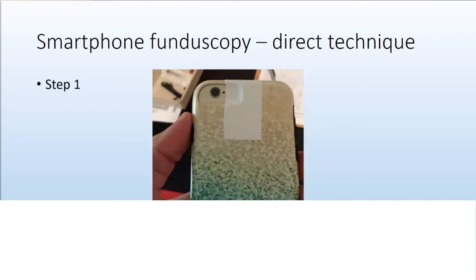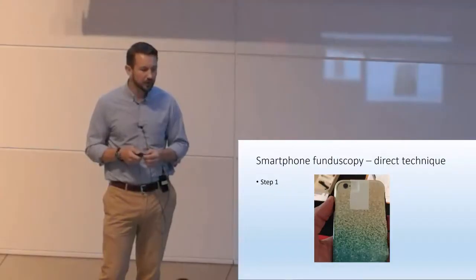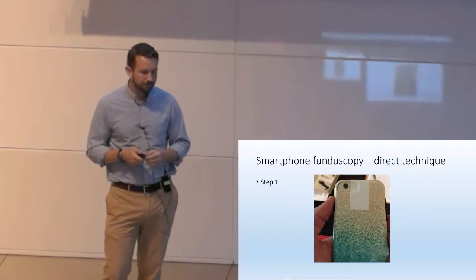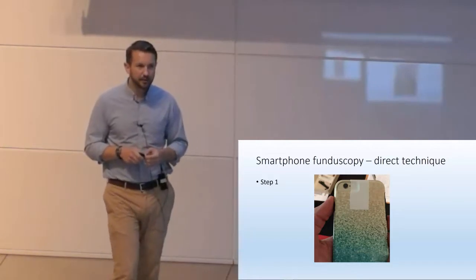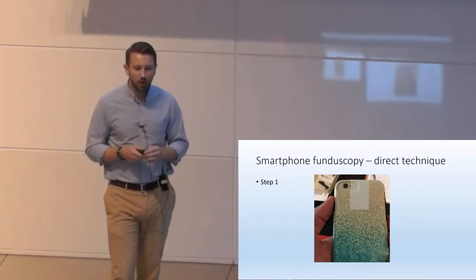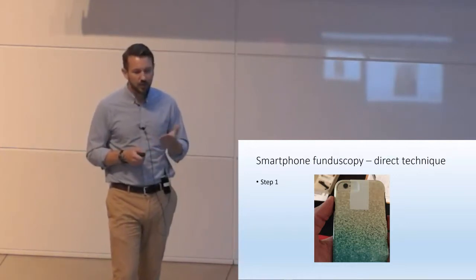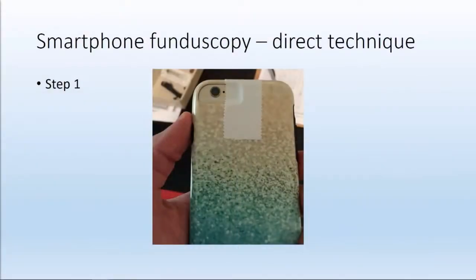So step 1, just for the fun of it, if everyone just pulls out their smartphone now, we'll just look at the back of the phone, whether it's an Android or an iPhone. Most of you will see 3 circles, the camera lens, sometimes 4 if you've got a double lens, and the LED white flash. So we are only covering the LED flash with a piece of tape.